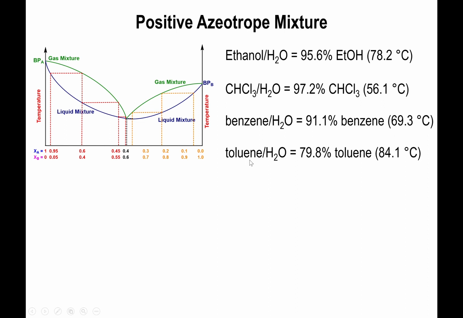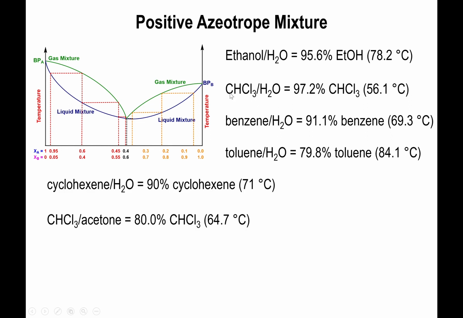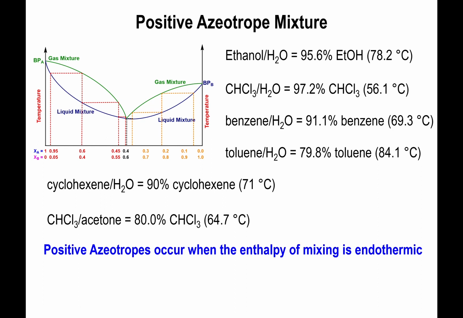But you have different types of intermolecular forces between these molecules. Hydrogen bonding for water, London dispersion for toluene. Same thing for benzene. Chloroform has a little bit of dipole forces, but still mostly non-polar. So these positive azeotropes, the reason why they're forming is due to the enthalpy of mixing these substances together.